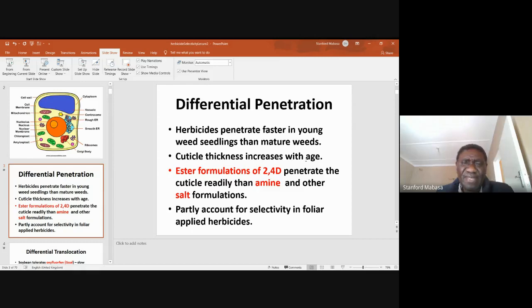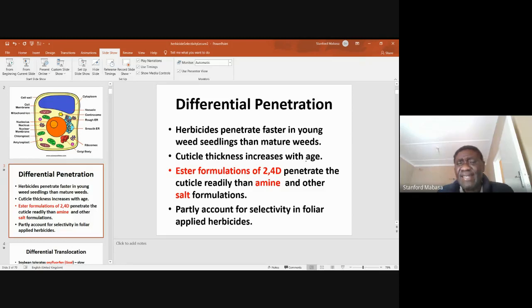Most of the herbicides, like, for example, 2,4-D, it is formulated as an ester so that it is able to penetrate this cuticle readily, compared to the formulations of amine or other salt formulations.